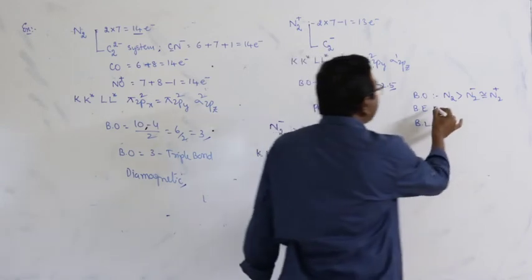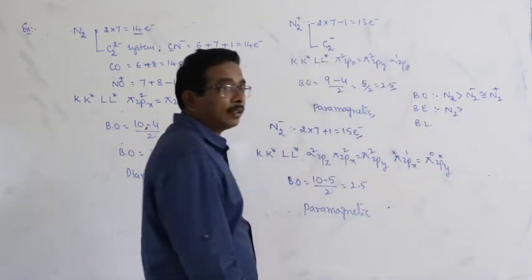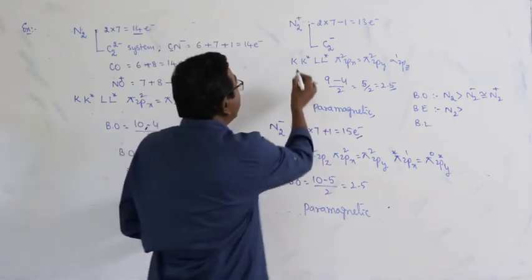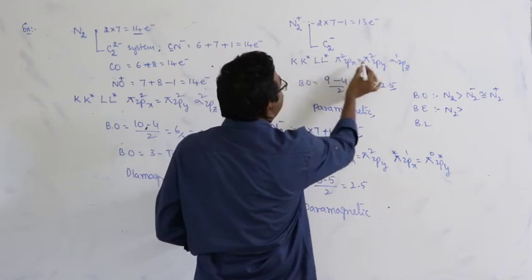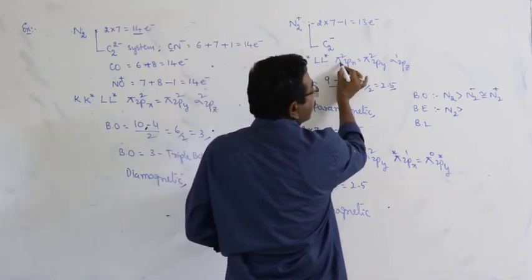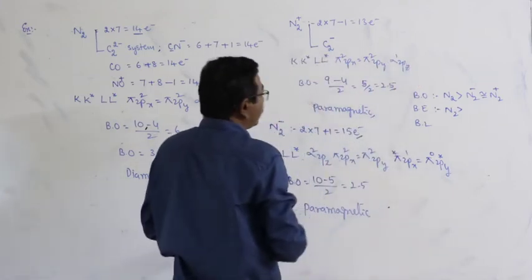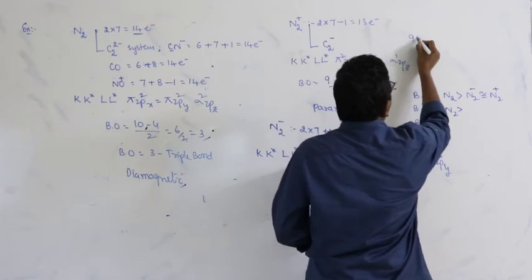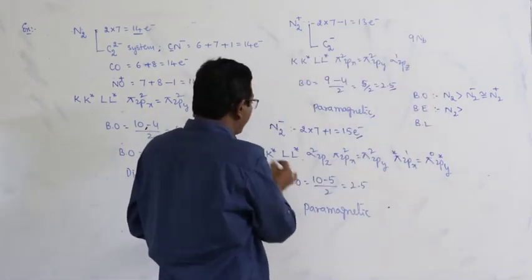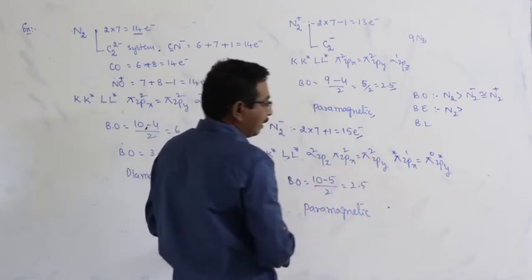But what about the bond energy? Following the same, N2 is greater than. But in case of bond energy, you have to think once again. Number of electrons in bonding molecular orbitals in N2 plus: 2 plus 2, 4, 4 plus 2, 6, 6 plus 2, 8, 8 plus 1, 9. Here 9 bonding electrons. In case of N2 minus, 2 plus 2, 4, 4 plus 6, 10.